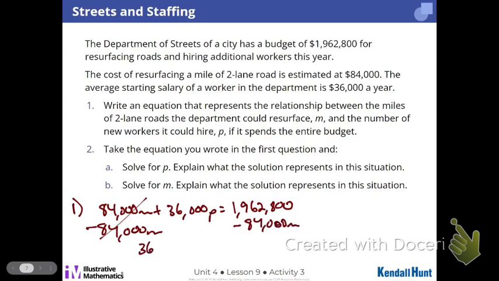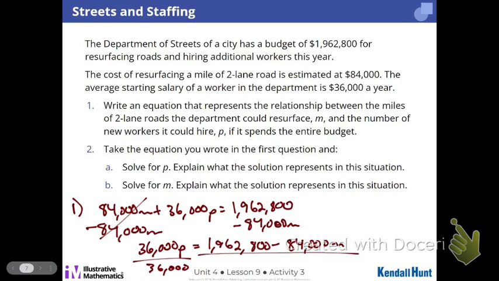And that leaves me with 36,000 per person gives me total budget minus the amount of money I'm spending per mile, which, do you see how I keep talking about it in context? It makes sense. And then if I divide what's left by 36,000, that'll tell me the number of people I can hire. So instead of rewriting it, I'm just going to box this part.